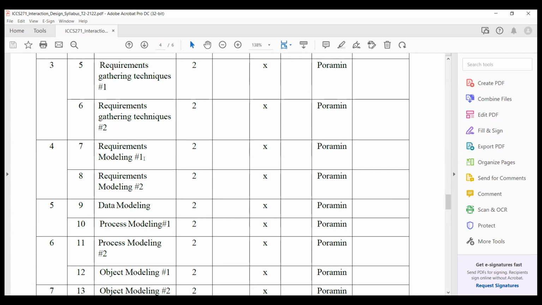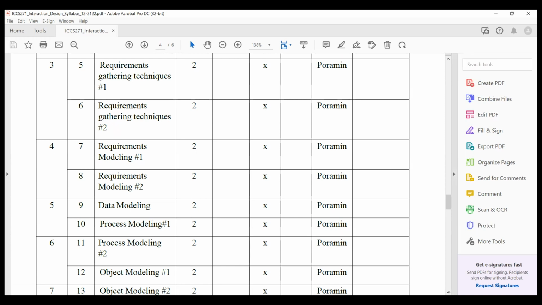Then in week 4 we will also talk about the modeling of the requirements that you gather from the previous steps. We will spend week 4 for the requirements modeling. After that, in week 5 we will learn about data modeling and process modeling part 1.